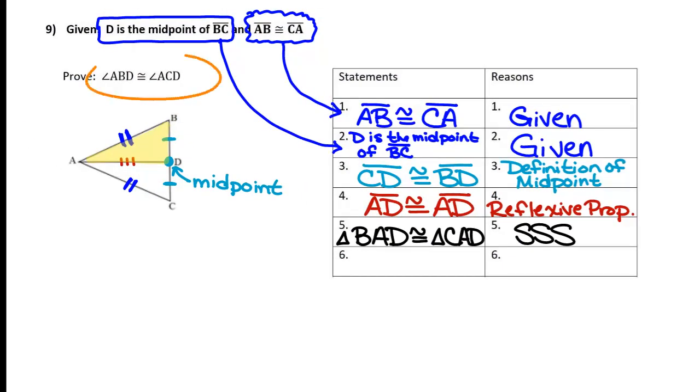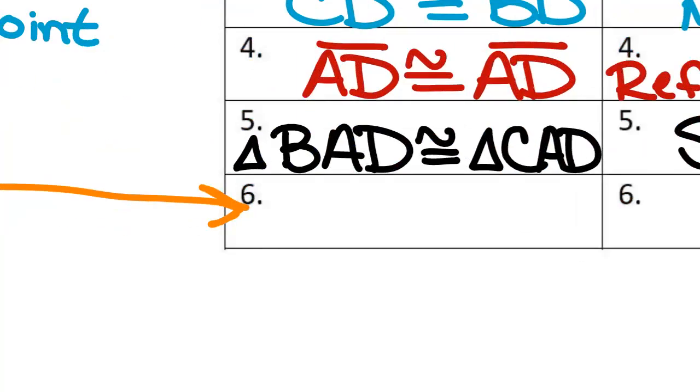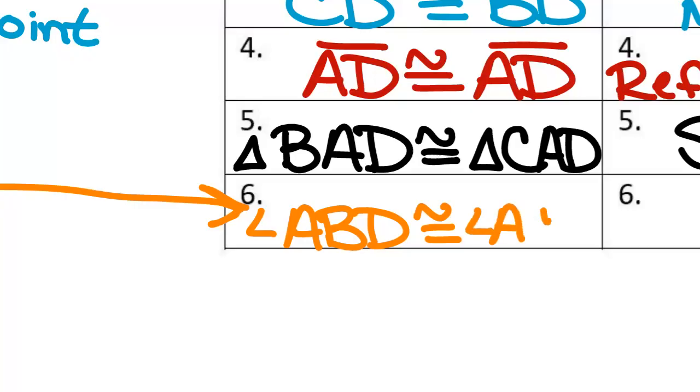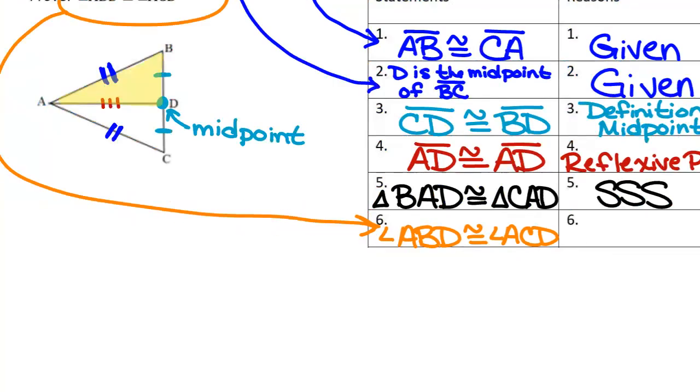The last statement we want to make is what we're trying to prove. Angle ABD is congruent to angle ACD. Yes. These are two parts of two separate triangles.